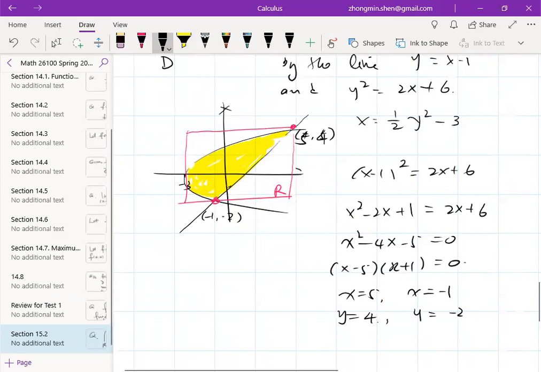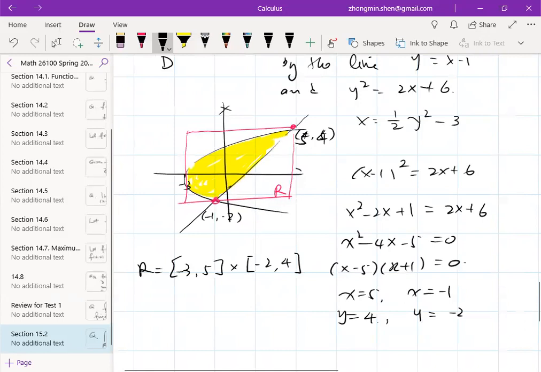And you can tell what R is, right? You can let R be x from negative 3 to 5, y from negative 2 to 4. This R is a rectangle domain.